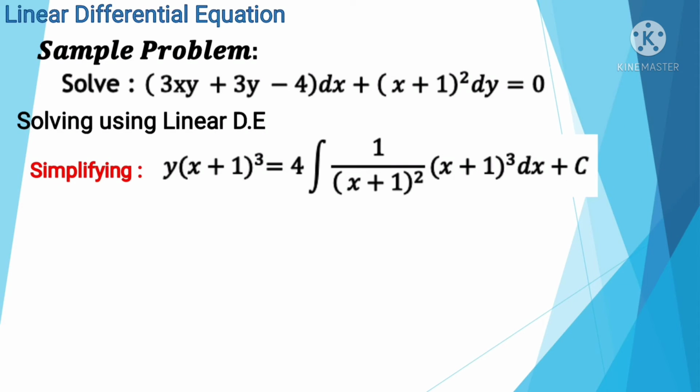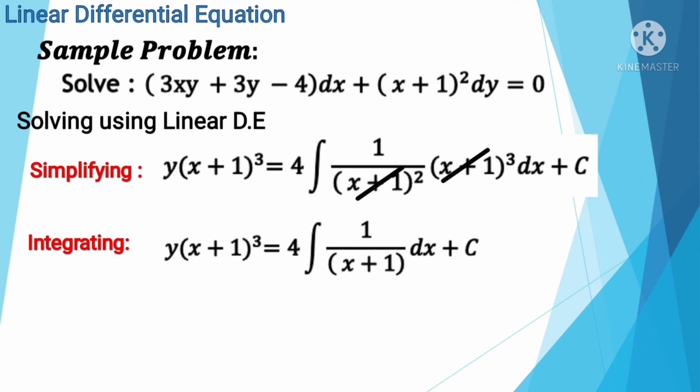Then, cancel the quantity of x plus 1 squared and the quantity of x plus 1 cubed. So, we will have y times the quantity of x plus 1 cubed equals 4 times the integral of 1 over the quantity of x plus 1 dx plus c.